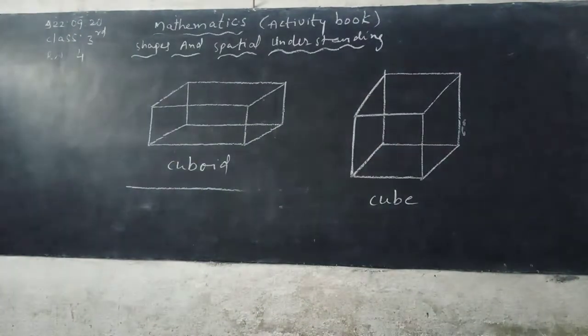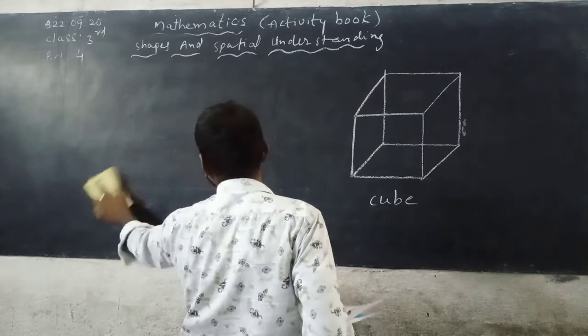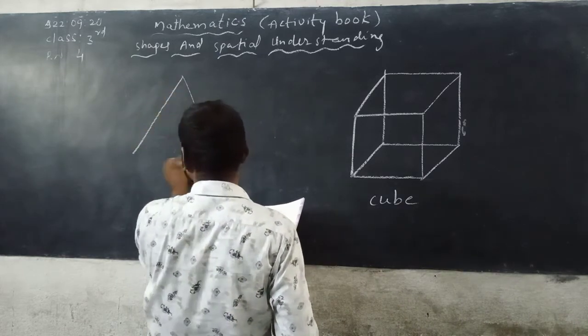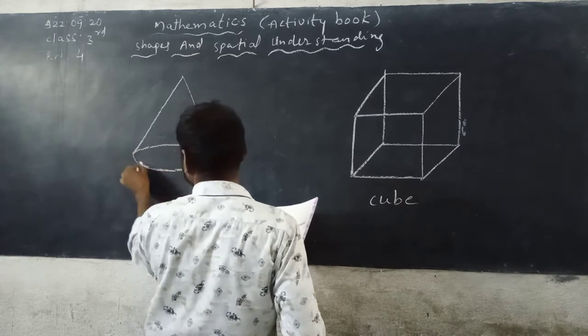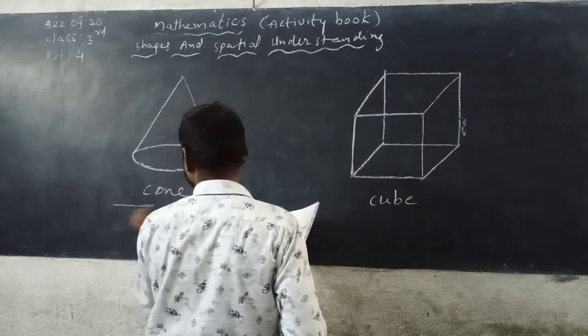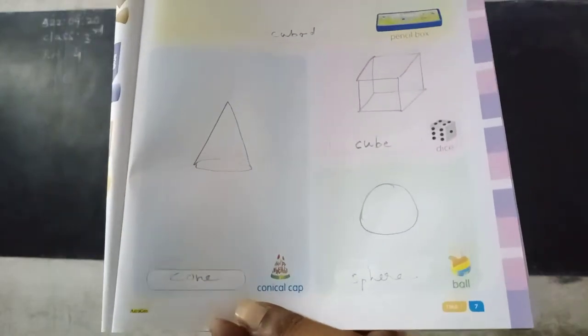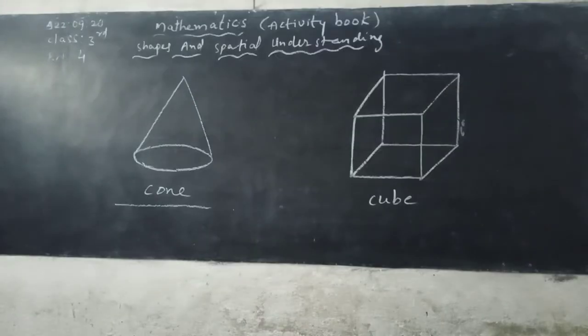Next, conical cap. Conical cap means cone. Cone. Now next last one is sphere. Ball.